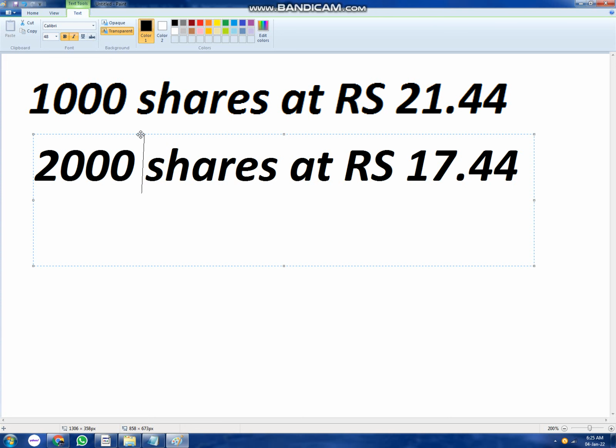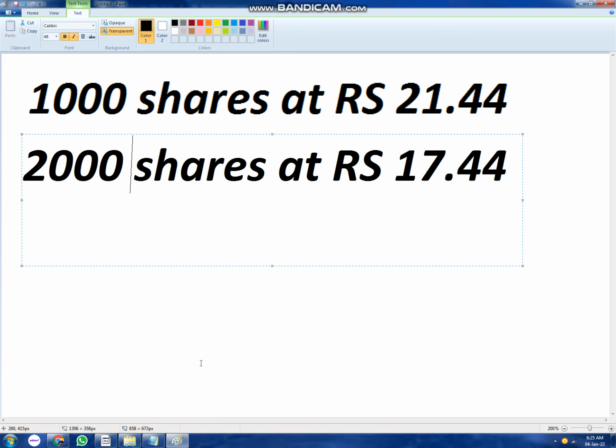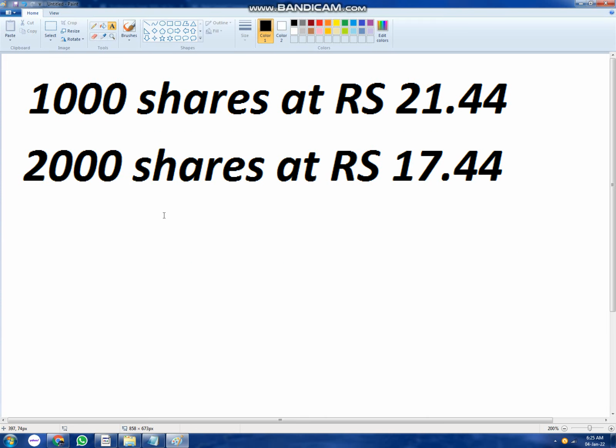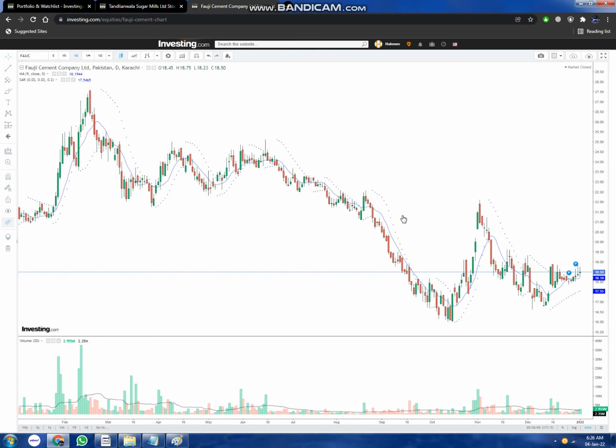This is the second purchase, and this was the first purchase. Let's see how much the total value will be after we calculate the average. So it is 21.44 and 17.44.